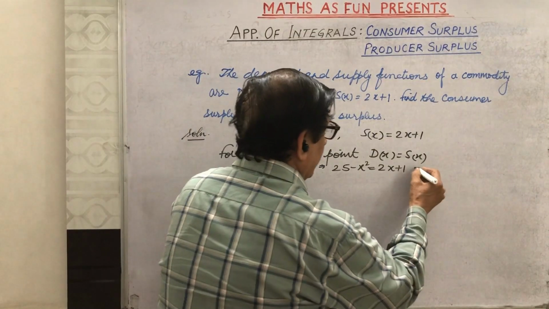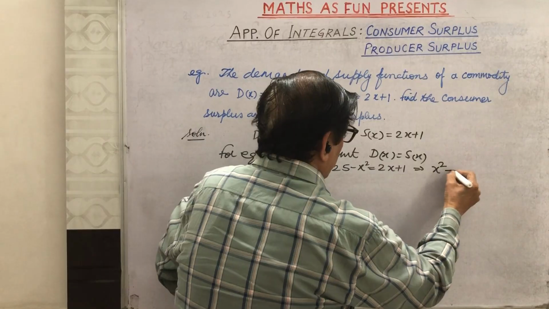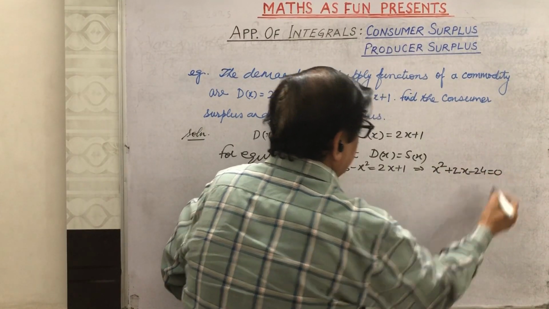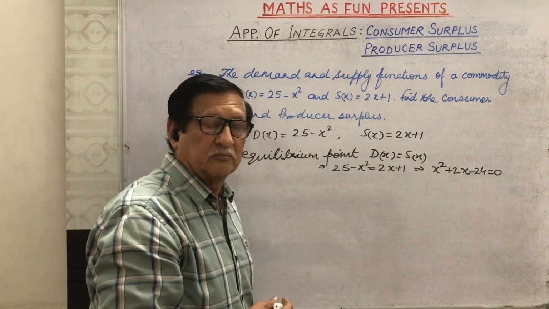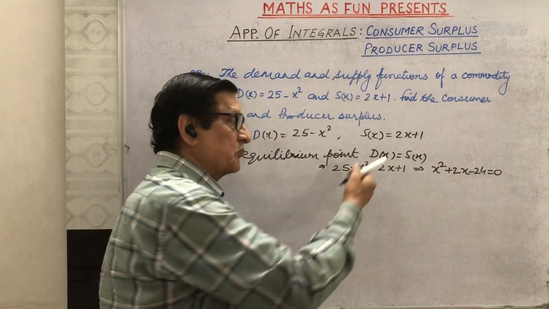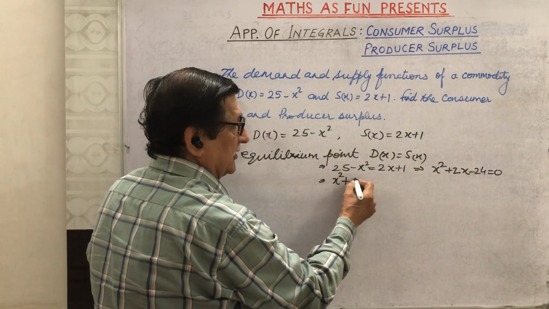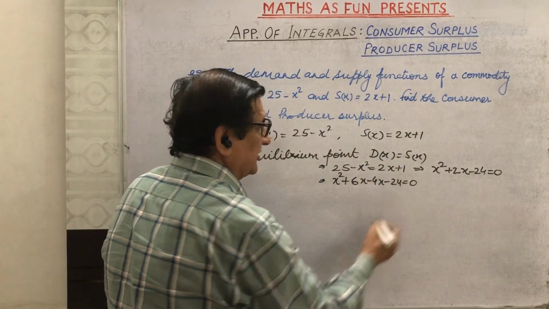If we simplify, we are getting x square plus 2x minus 24 equal to 0. If we factorize this, 6 into 4 is 24, by splitting the middle term, we are getting x square plus 6x minus 4x minus 24 equal to 0.